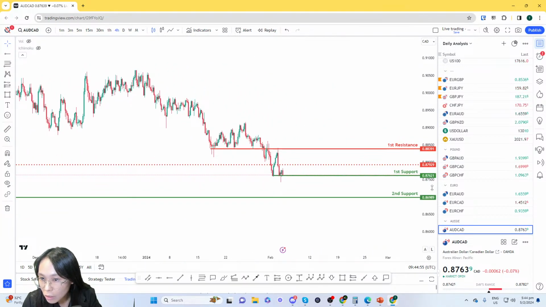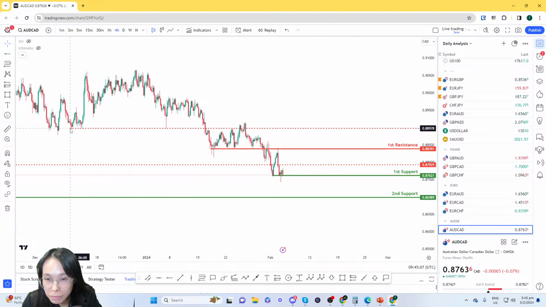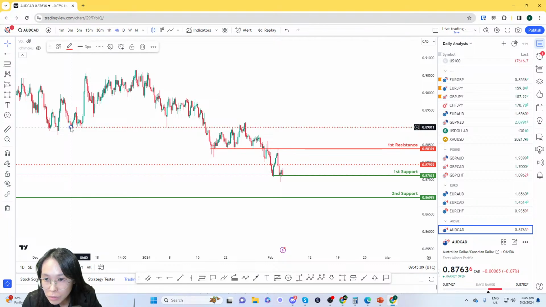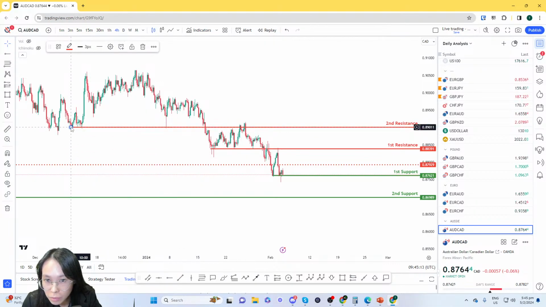And followed by the second resistance, this level.